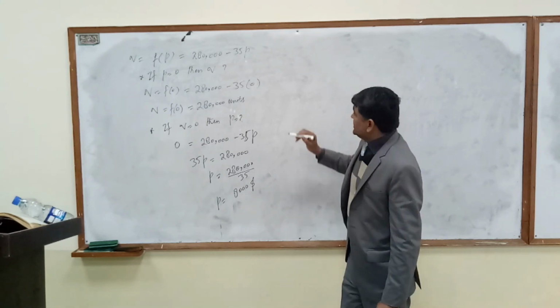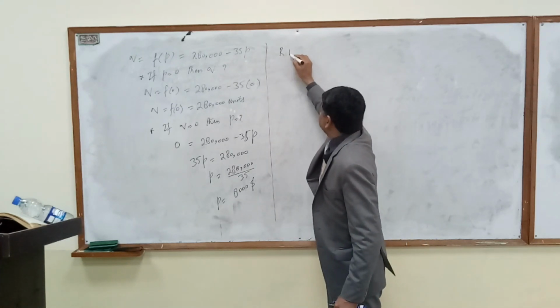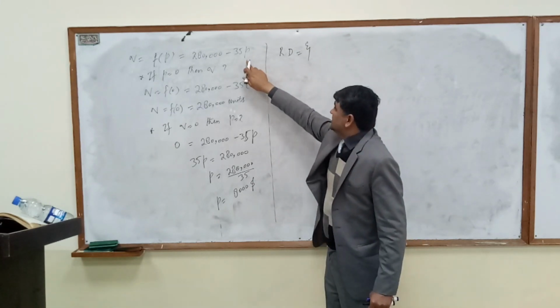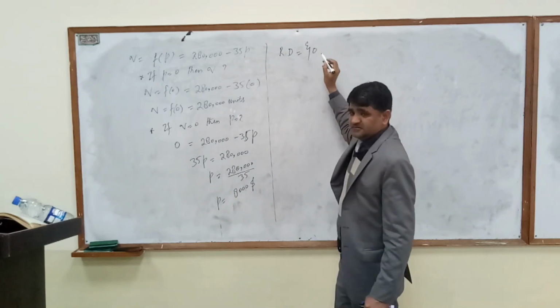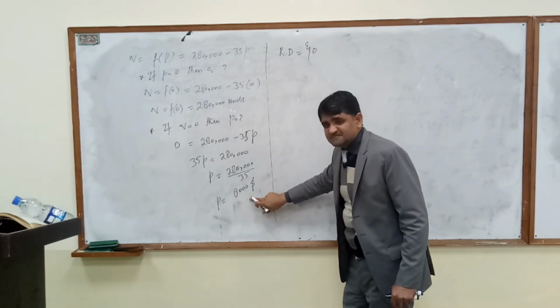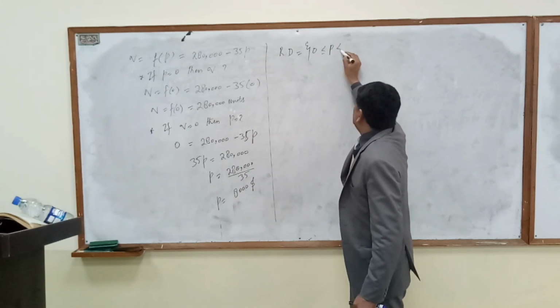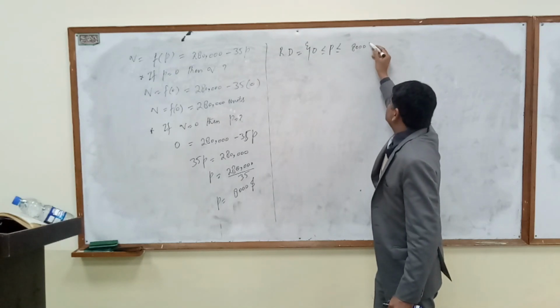How can we write it with restricted domain and range? RD is equal to the domain. Input is price. Minimum price is 0, maximum price is 8,000. Concept clear?